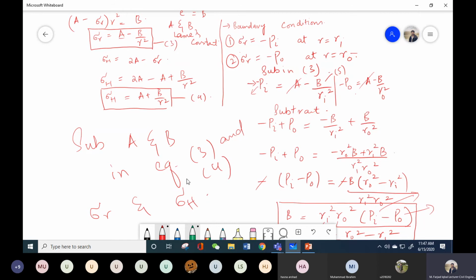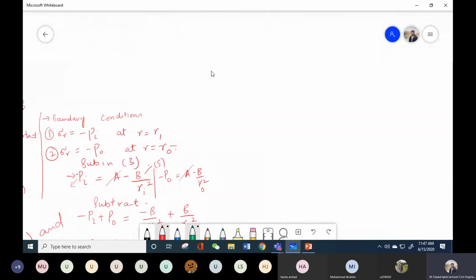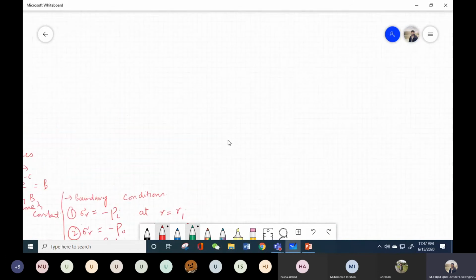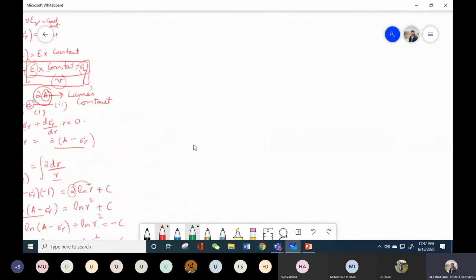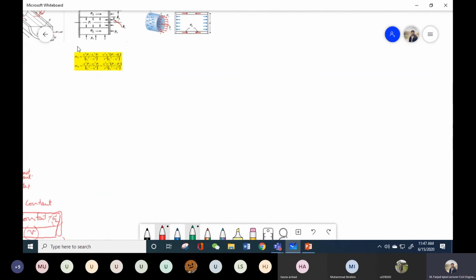So I'm not doing this simple derivation. Actually, it's a simple step. You just have to substitute the values of A and B into this equation and you can calculate sigma R. I have given you the final expression that you are going to get by this substitution, which is shown over here.